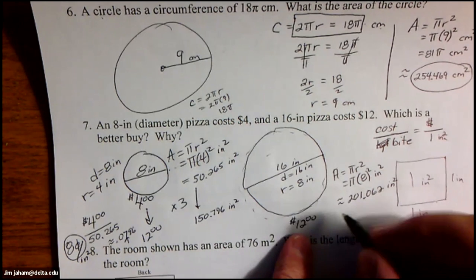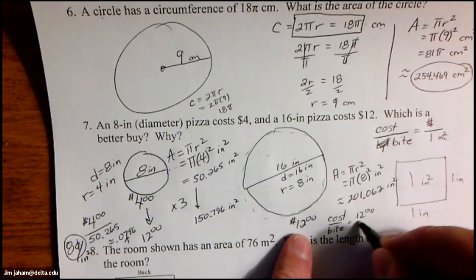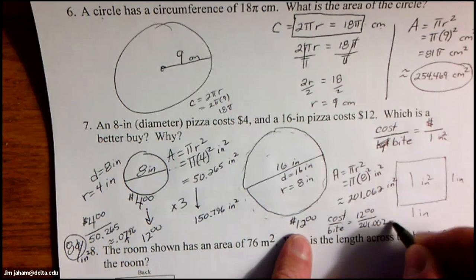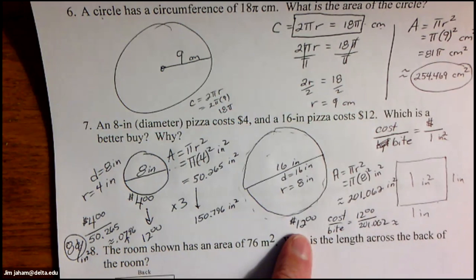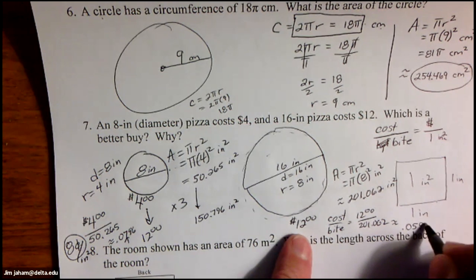Whereas this one over here, the cost per byte would equal the $12 divided by the 201. And that's equal to about 0.059683.